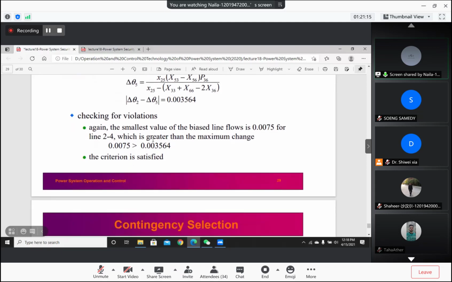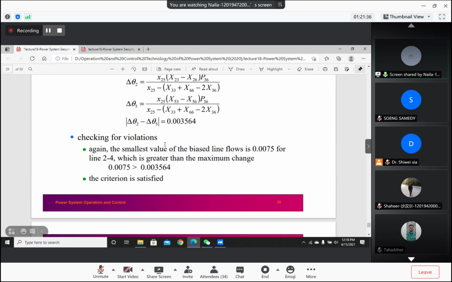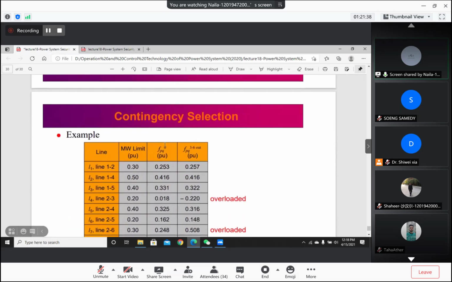Now again we'll check for the violations. Again, the smallest value of the binding line is 0.0075 for line 2 to 4, which is greater than this maximum change of phase difference. Here our criteria is satisfied, so we'll further study the N1, N2 and N3 regions where any overload may occur.